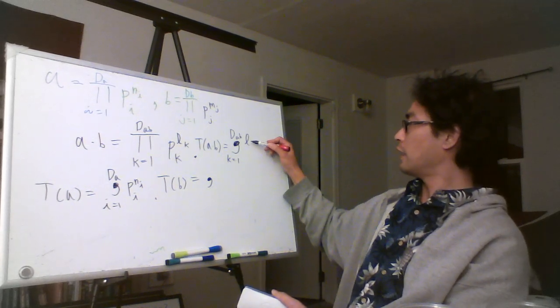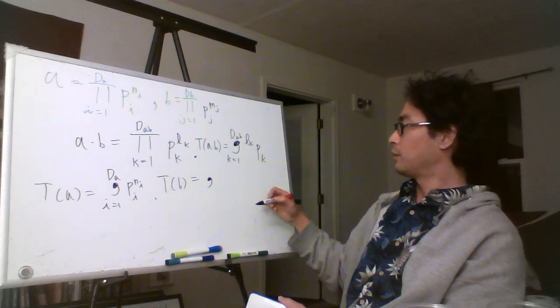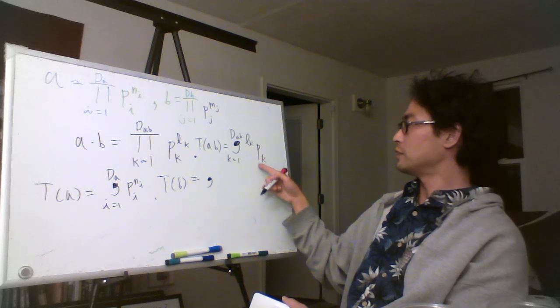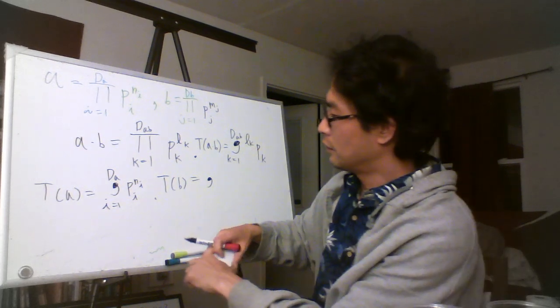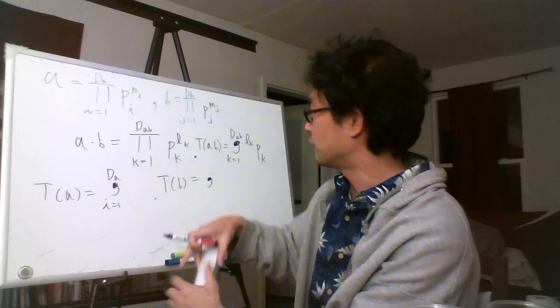It should be LK and then PK, because it's a number. How many primes of this? Yeah, LK. So that's a transformation. The right shoulder becomes the left shoulder.